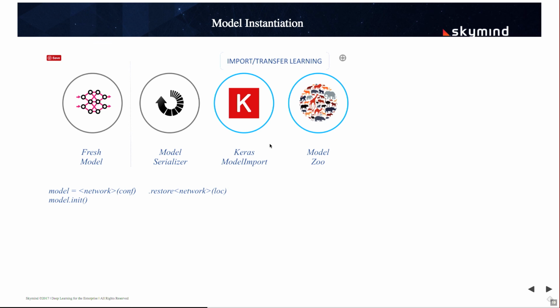The next one is our own model zoo. Just like you have all these other networks, we have some that are native to it. I have a couple of slides on those. Depending on your use case, it's typically more popular with image data, but you could import that and do transfer learning on it.